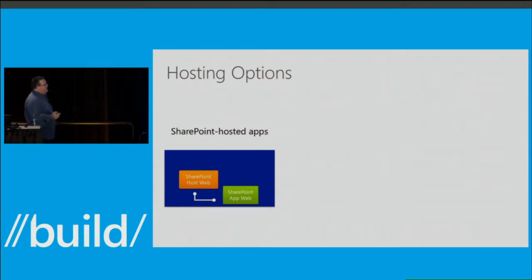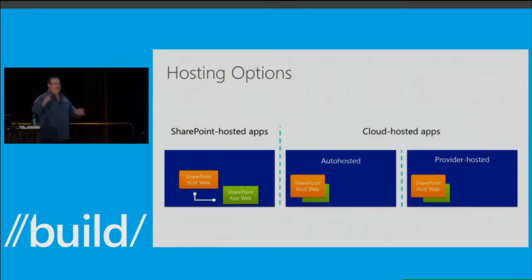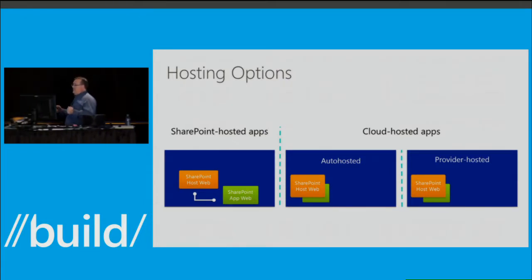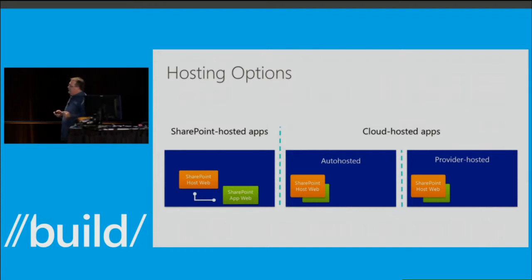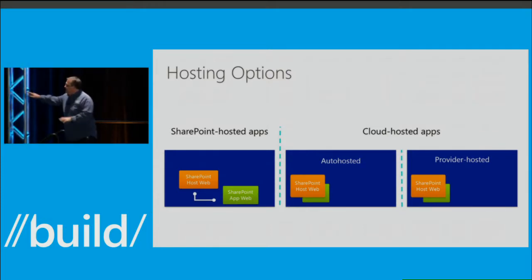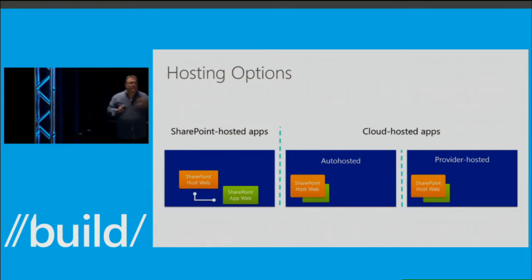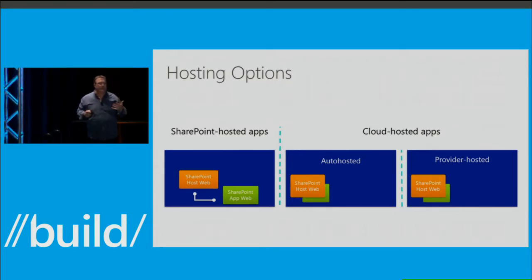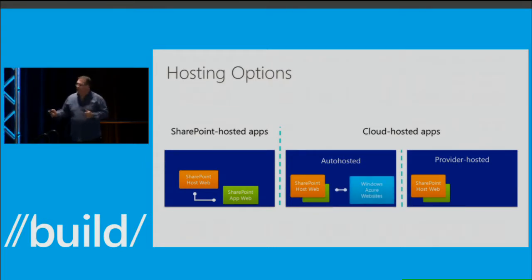The other type of hosting is what we call cloud-hosted apps. You have two flavors, auto-hosted and provider-hosted. They're really pretty similar. And here, in the SharePoint host web and the little green box behind, it's the same constraints that we just talked about, where you can have the declarative stuff, and you can have HTML and JavaScript. But now what you also get is a full-blown web application.